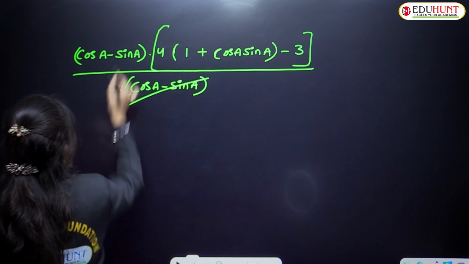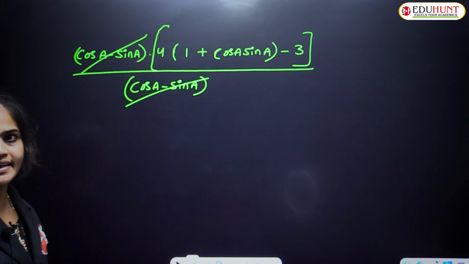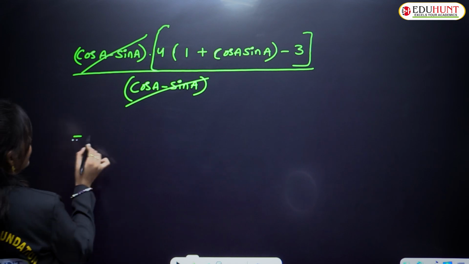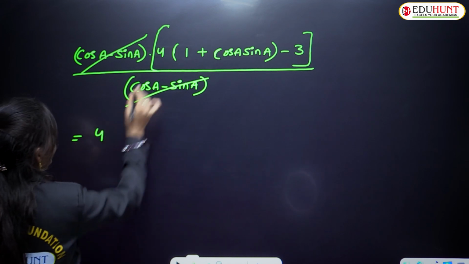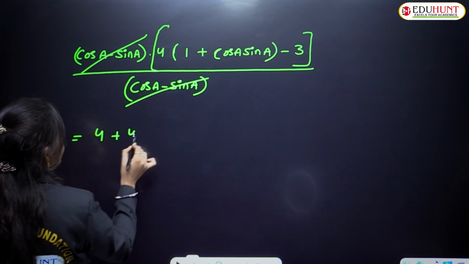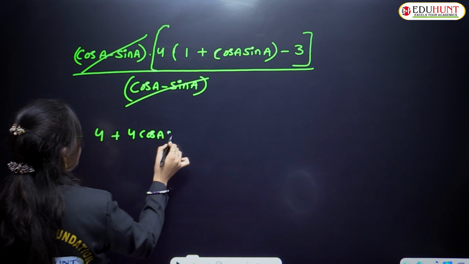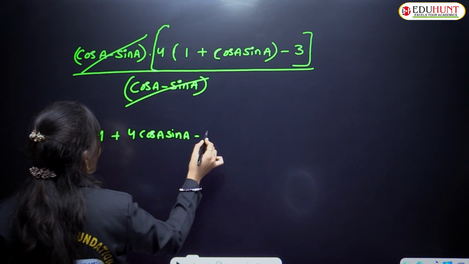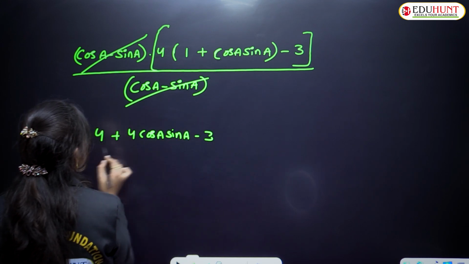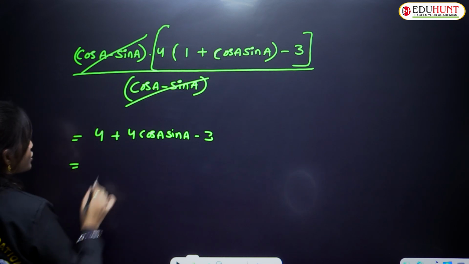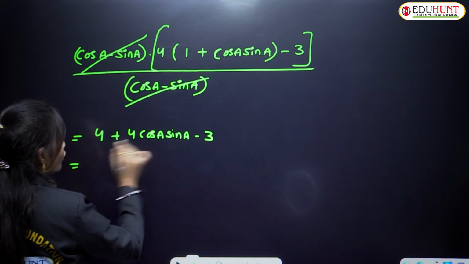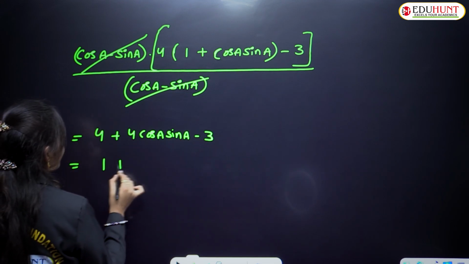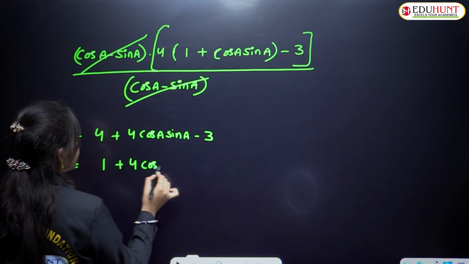So children, here cos a minus sin a gets cancelled. From this, 4 into 1 is 4, plus 4 cos a sin a, minus 3. Which equals 4 minus 3, that is 1, plus 4 cos a sin a.